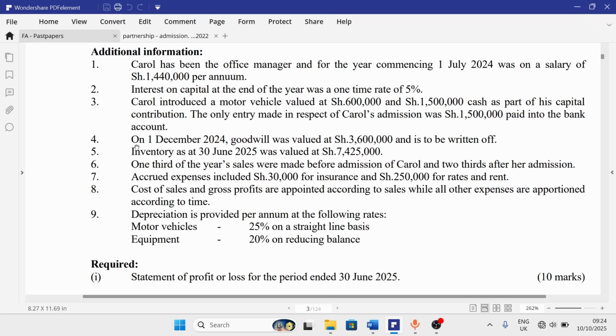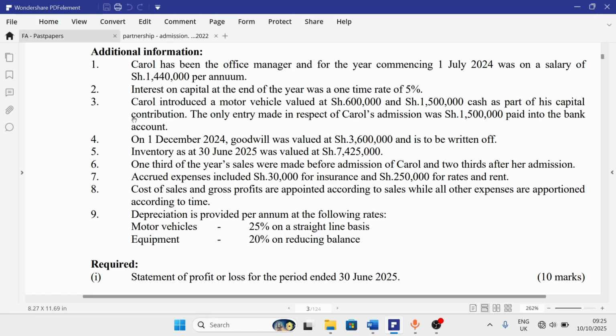Number 4, on 1st December 2024, goodwill was valued at 3.6 million and is to be written off. So we are going to account for that. One thing you are supposed to note here is that the goodwill has been valued, and we are not told that the partner paid the goodwill in cash.